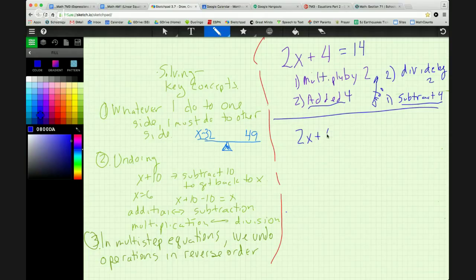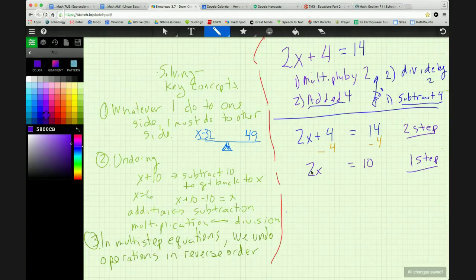So if I said 2x plus 4 is equal to 14, the first thing that I need to do to both sides is undo the last thing that I did. So I need to subtract 4 from both sides. And I get 2x. Remember, the plus 4 and the minus 4 cancel, and that equals 10. So now, this was a two-step equation, and now I have a one-step equation.